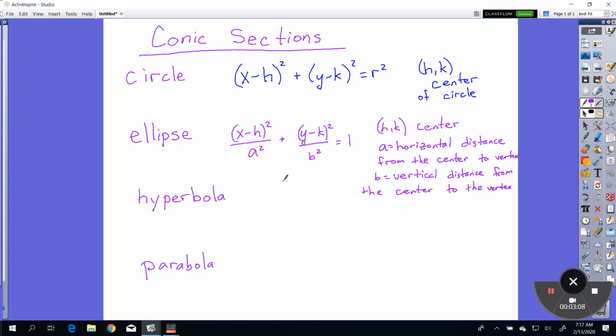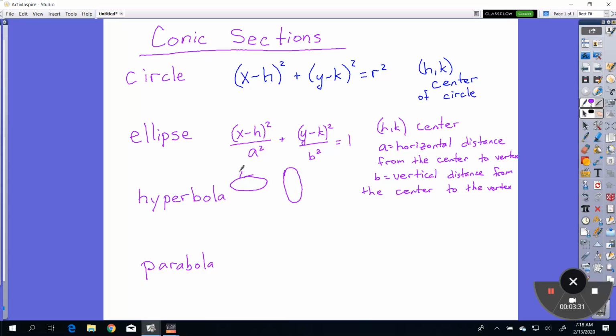So that's when it's written like this. Normally they say A is always the bigger one. Okay. So if you have an ellipse that's more like this versus like this, A and B switch on the one that's up and down. So that's the difference.